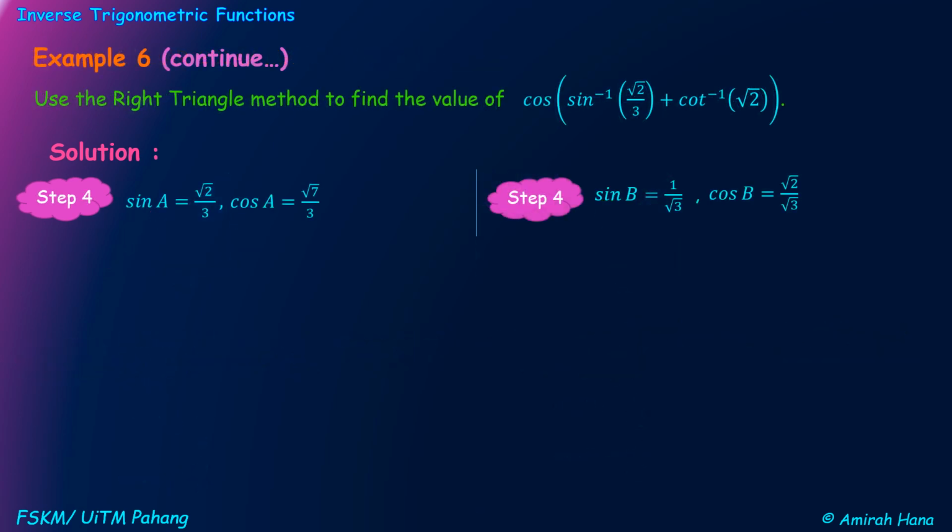From the previous slide, we have done step 4 for A and B. We found sin A, cos A, sin B, and cos B. Then we can continue with step 5.